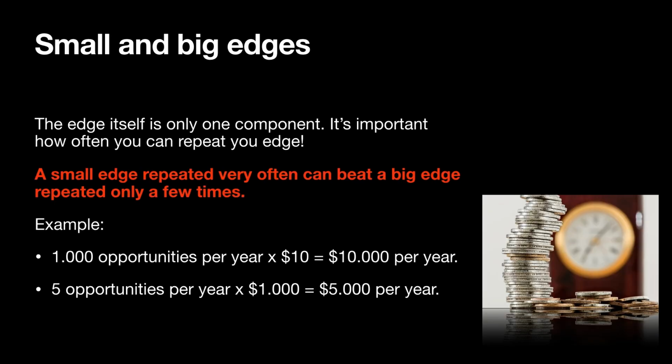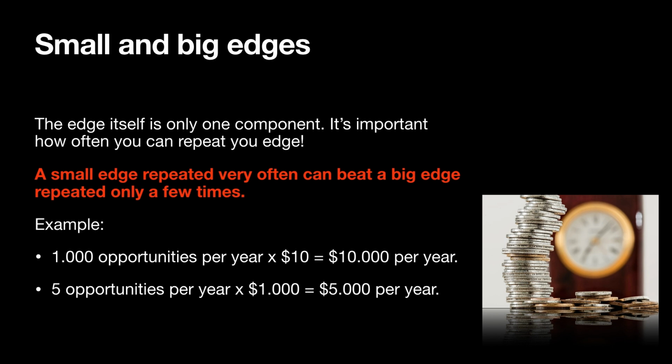But also keep in mind, you must have enough opportunities, because there are small and there are big edges. We saw that with the outlet store, a very small edge, only $5.50, but there are so many people coming into the outlet store that overall there are thousands or millions of opportunities per year to make money. And this is what you can see here in the first example.